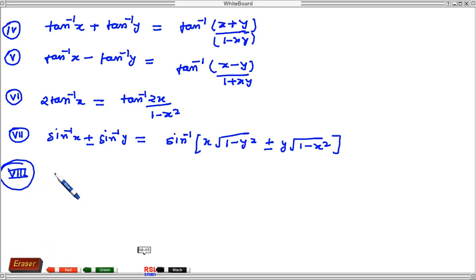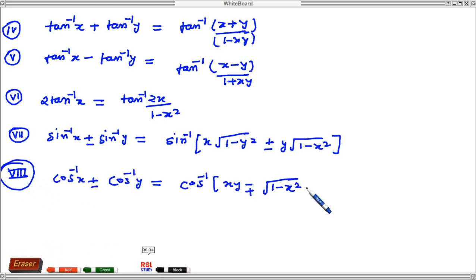And the next formula is cos inverse x plus or minus cos inverse y equals cos inverse of xy minus or plus. That is important: where there is plus, here it will be minus, and if there is minus, here it will be plus. So the formula is like this.